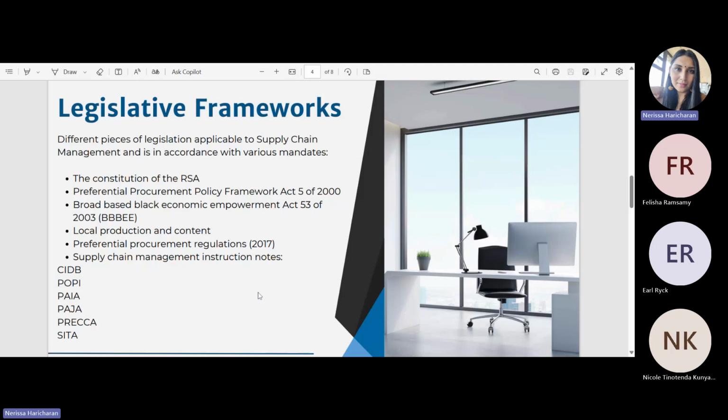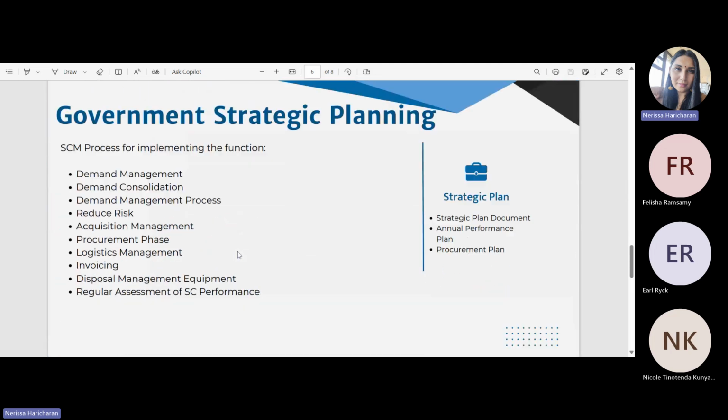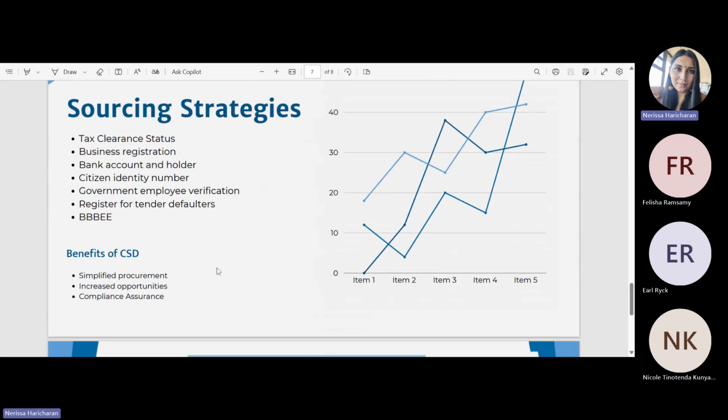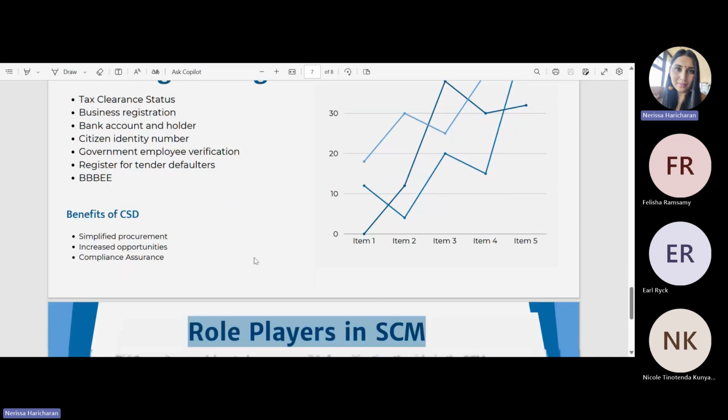The next topic we're going to go into is value for money. We're going to go into the different points when we look at value for money. We're going to go into government strategic planning, so the different types of government strategic planning, what's required, etc. And then sourcing strategies. If you have to find a supplier when you are sourcing them, what's the normal documentation that you need, and the benefits of that.